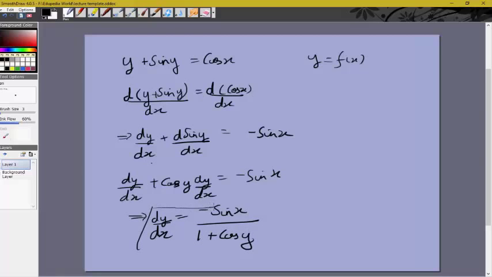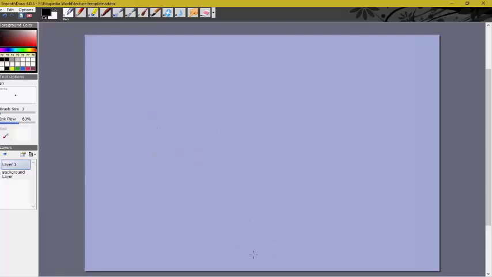So we didn't get dy by dx directly as a function of x, but we did get dy by dx, and in a lot of cases this would be enough for us to move forward. So this is one type of differentiation that you can see. There's another type of differentiation. We've already seen exponential and logarithmic functions before, but if you take one function to the power of another function, you can differentiate that using logarithms.